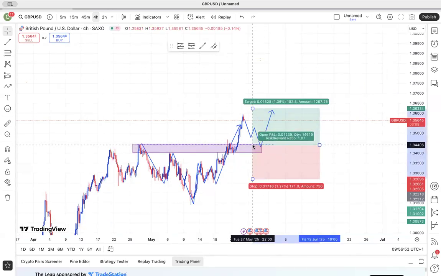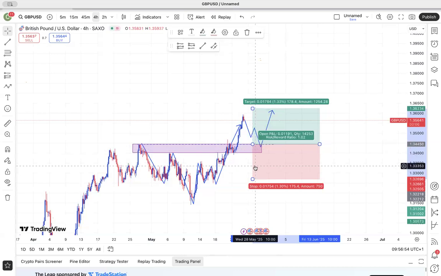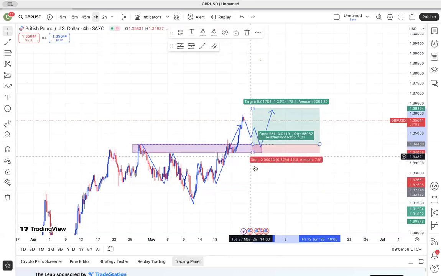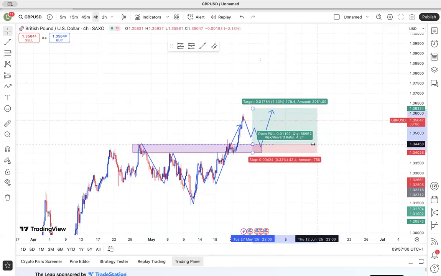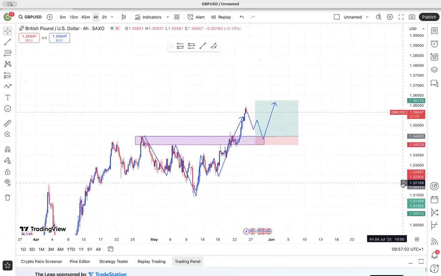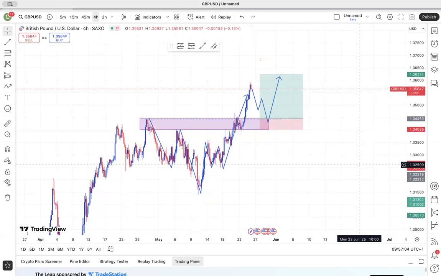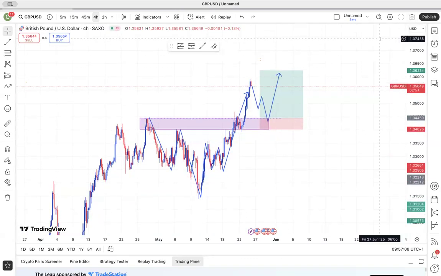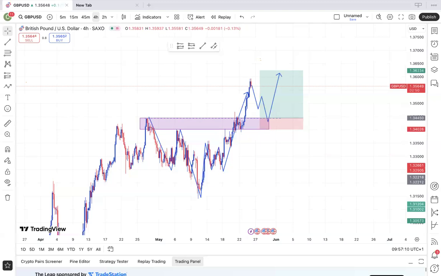So I'm looking at possible gold buys, and then to buy to an area where it will most likely sell. But if it fails to sell from there, it will break it, and then we can have the continuation all the way up. So there are possibilities for gold. There's a possibility for gold to sell, but then I'm expecting the buys to those sell opportunity areas.